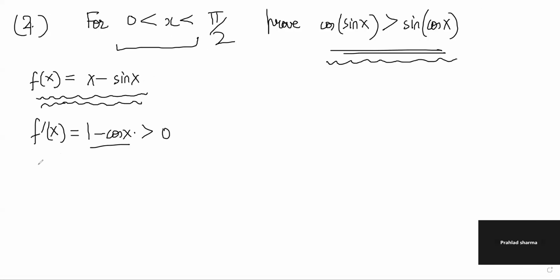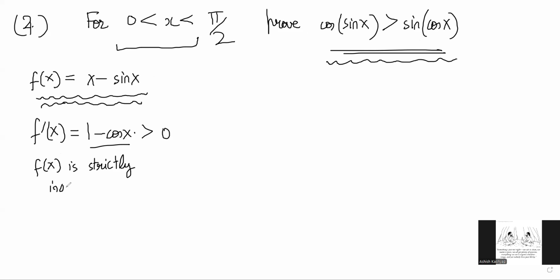So that means f of x is a strictly increasing function. So for all x between 0 to pi by 2, this function f of x is increasing, right?